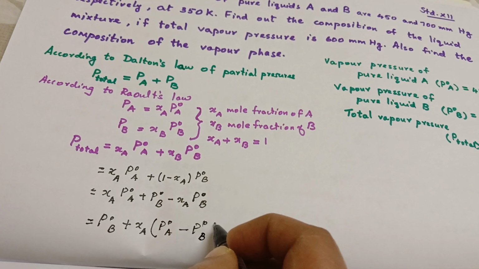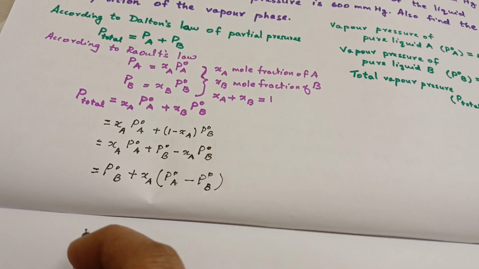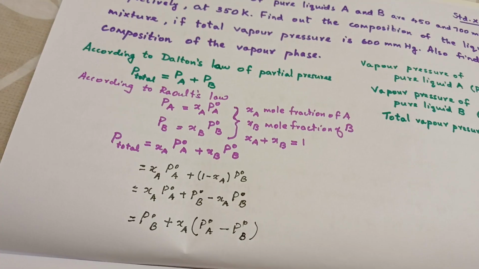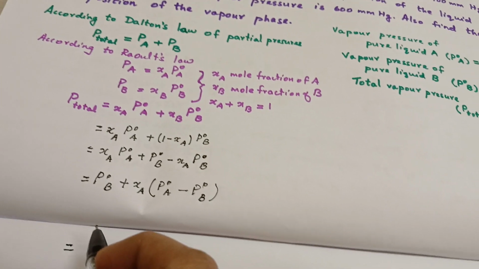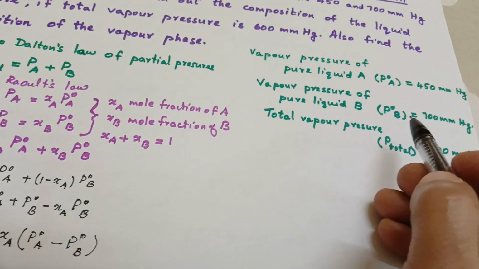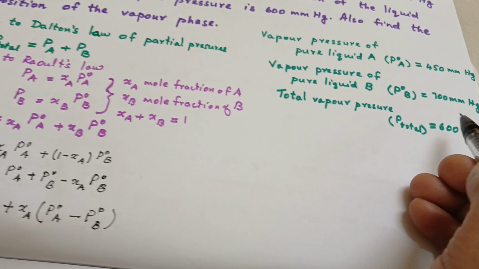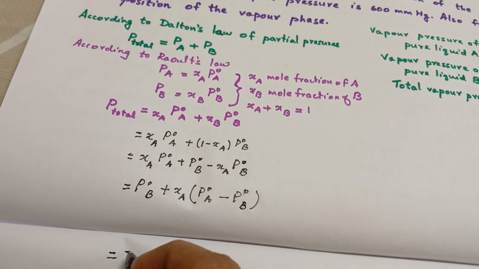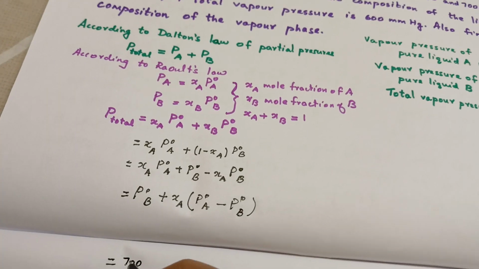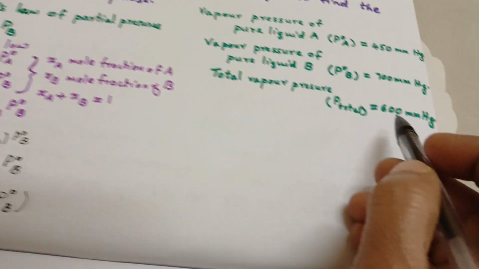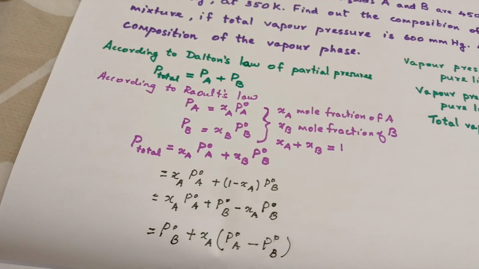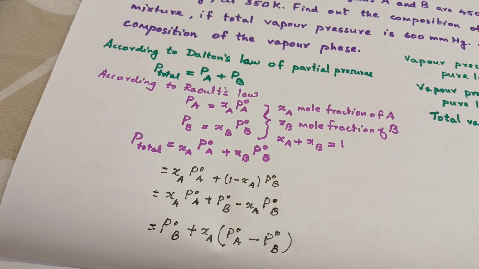We can write like this. So now let us substitute the values. We've been given P0B is equal to 700, and P total is given as 600 millimeters of mercury. So we will substitute that as well.